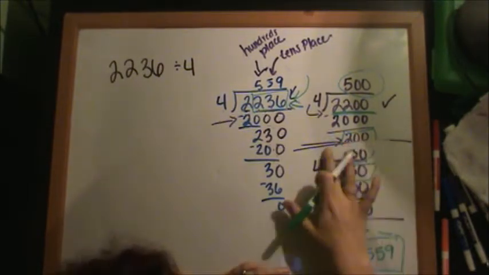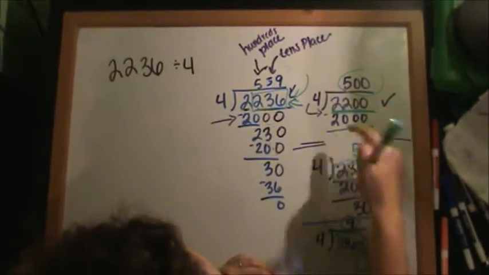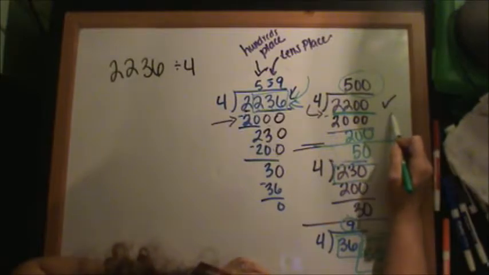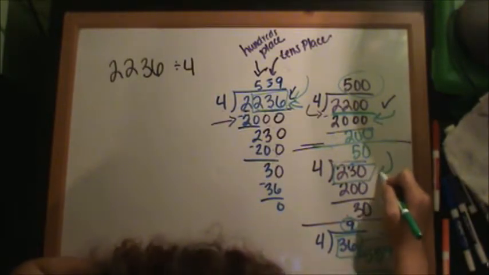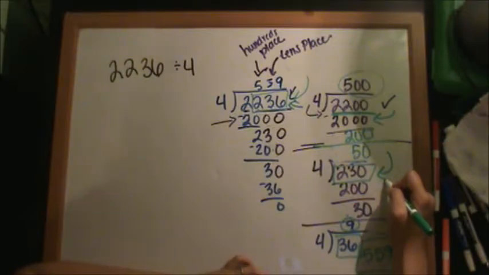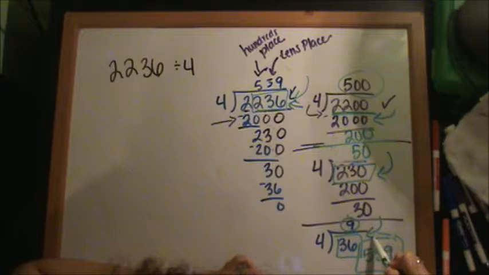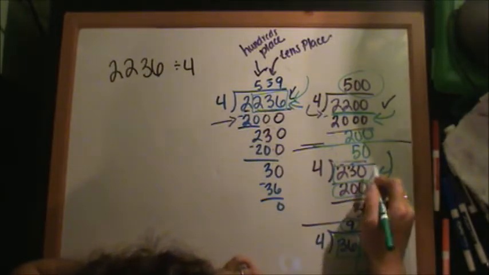So, let me show where the 2,236 is. The 2,236, here's 2,000. Here's the 230. And here is the 36 here. I'm sorry, it's the 200 here. Not the 230 there.